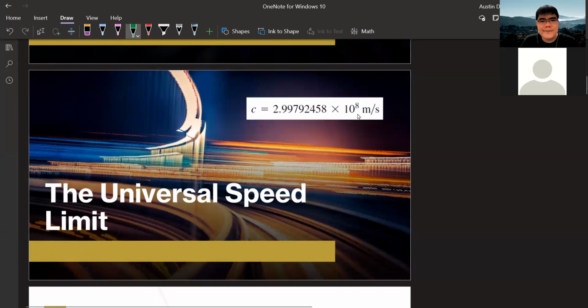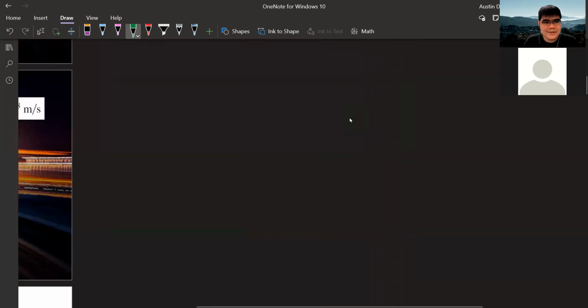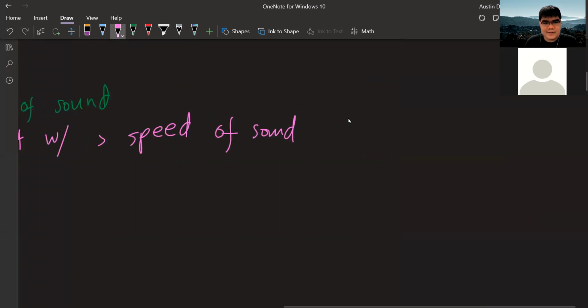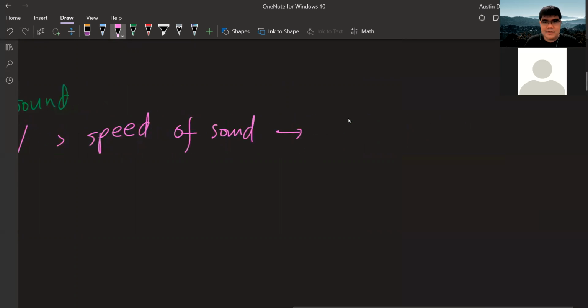Pero some interesting things. Okay, so kunyari, di ba may speed of sound tayo? If there is an airplane, an object, pag meron kang object with greater than speed of sound, ang mangyayari, you create a sonic boom.